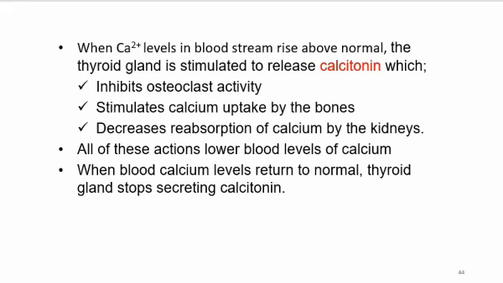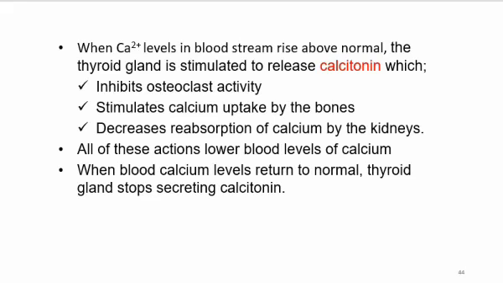In that case, the thyroid gland will be stimulated to release a hormone called calcitonin. Calcitonin has three effects in the body. One, it will inhibit the activity of osteoclasts. If you inhibit osteoclast activity, then you slow down or stop the resorption process. Therefore, there will be no more calcium being released into the bloodstream. Number two, calcitonin will stimulate calcium uptake by bones.